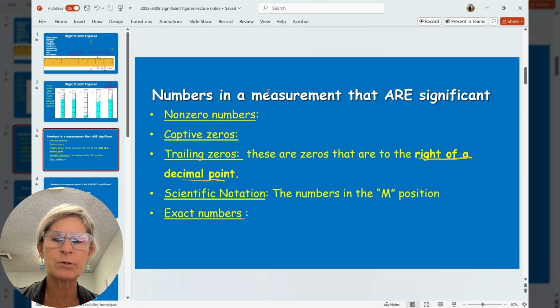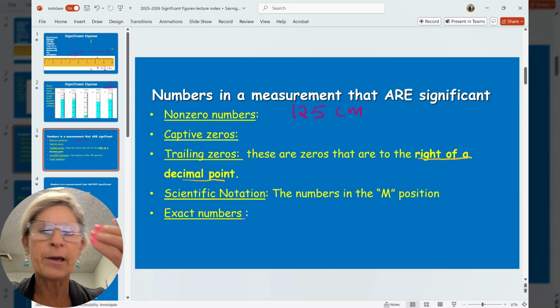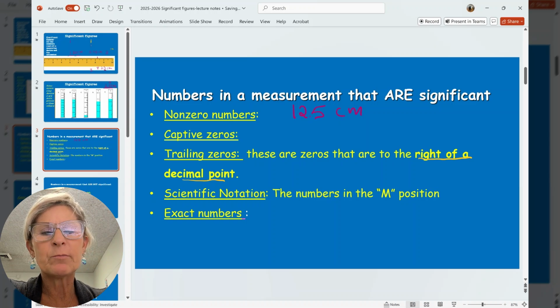So all non-zero digits are significant. If I had a measurement that's 12.5 centimeters, I have three sig figs. If I had a measurement that was 13 grams, both of these are non-zero digits, so I have two sig figs. That one's easy.